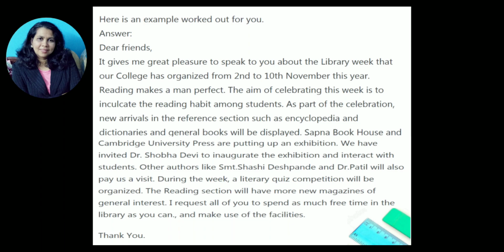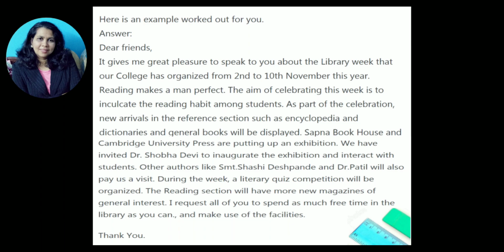It gives me immense pleasure to speak to you about the library week. And when you look into your question paper, you can see that days and dates are mentioned. So first line itself we are mentioning when it is organized from 2nd to 10th November. So your first point is already been covered.